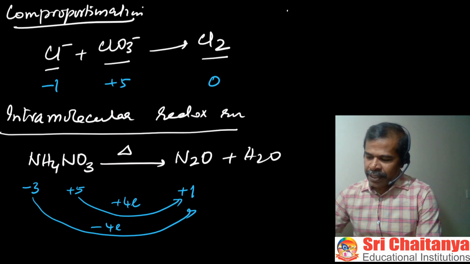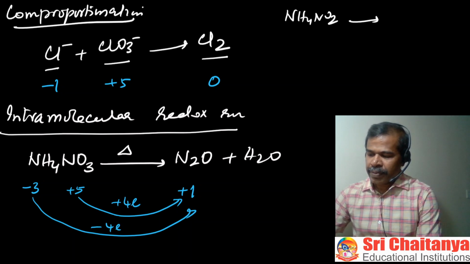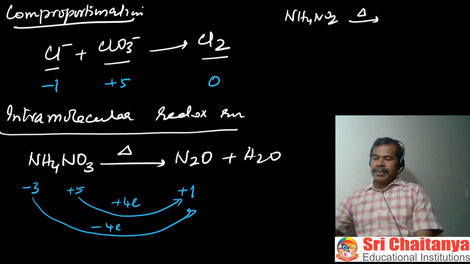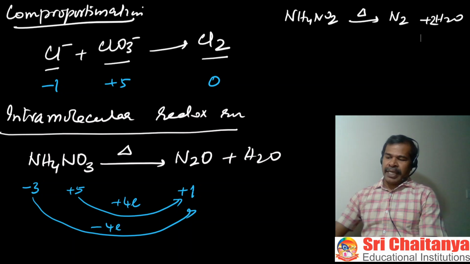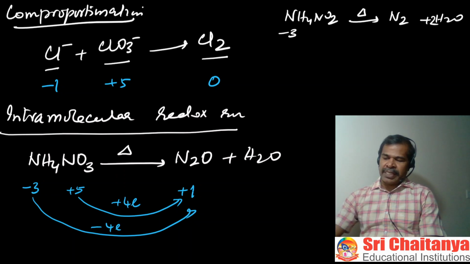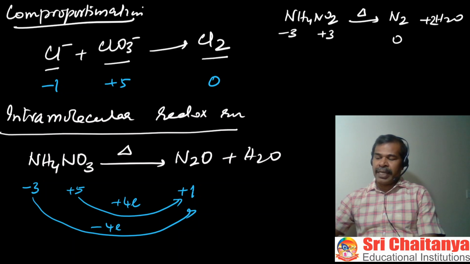Another example is NH4NO2. Heat. So you'll get N2 plus H2O. The reaction is balanced if I put 2 H2O. Here nitrogen is in -3 and +3 oxidation states, and it is ending at 0.